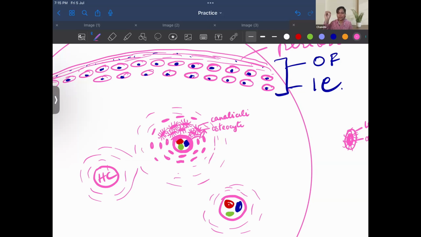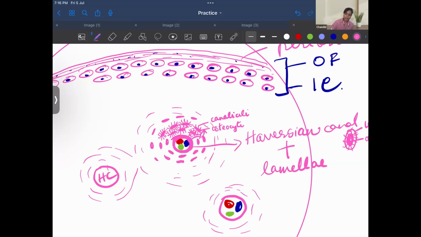What is the functional unit of a bone, of a compact bone? Again, another formula. A Haversian canal plus these lamellae equals osteon.